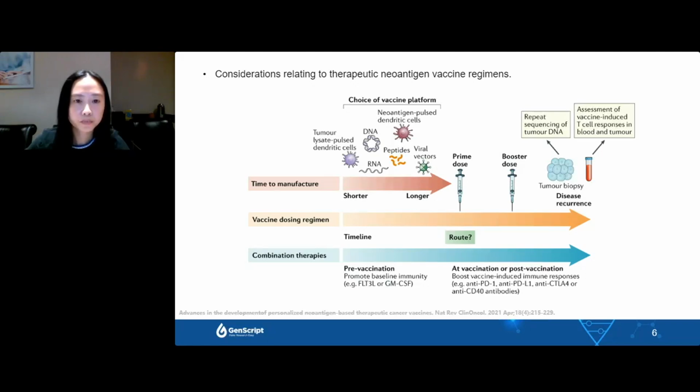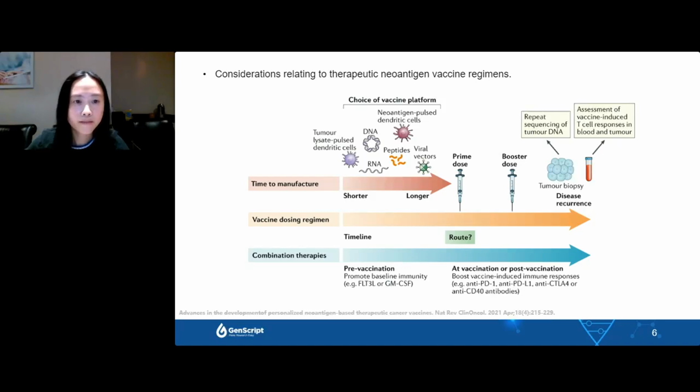So here, it listed the time to manufacture from short one to long one. When the researchers, our customers, choose the vaccine platform, time to manufacture is an important thing to think about.